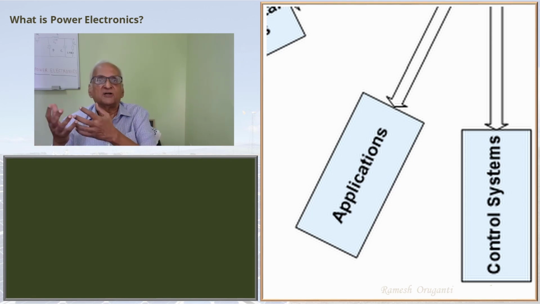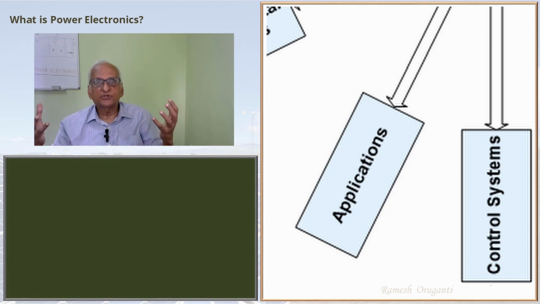You have power system applications which will go into megawatts. You have transport applications like an electric car, electric train. You have computer applications, battery chargers, power supplies for computers, server power supplies. There are literally hundreds and thousands of applications, if not more.